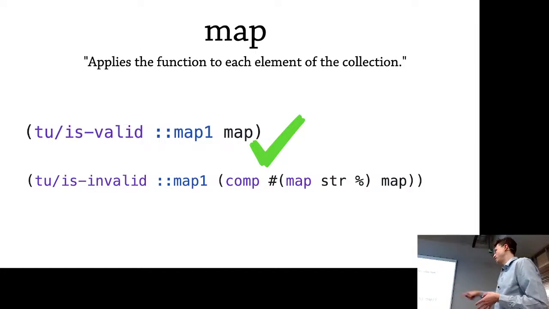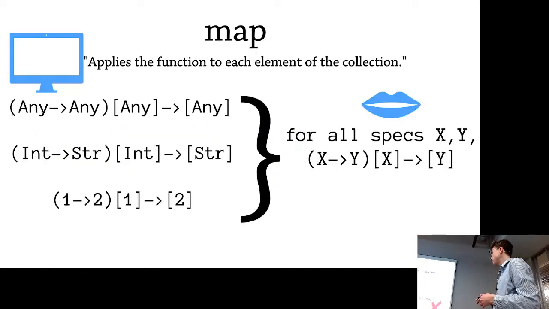Now this second one is an intentionally bad implementation of map, which first maps things, but then obliterates the return value by just coercing everything to string. And if you think about the any to any, the really general spec, this is totally fine for that spec. This will pass.